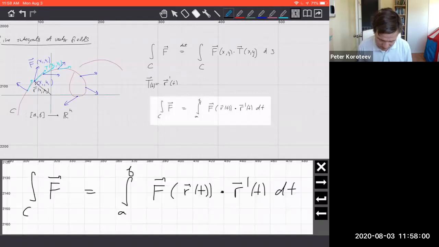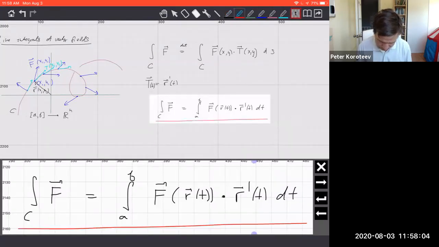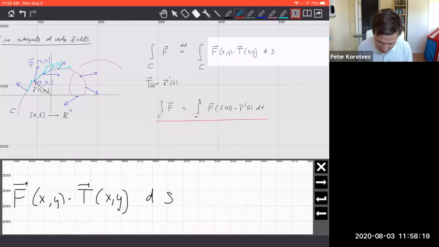So yeah, that is the formula, which is more or less the definition of the integral combined with the parametric dependence.